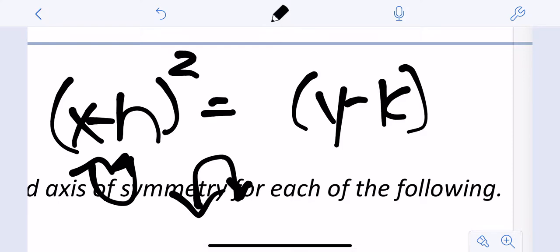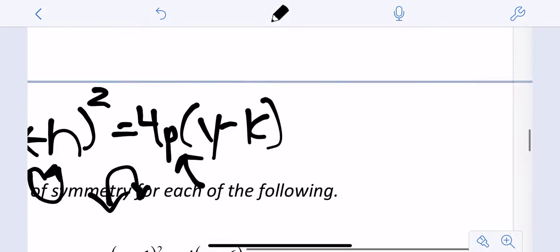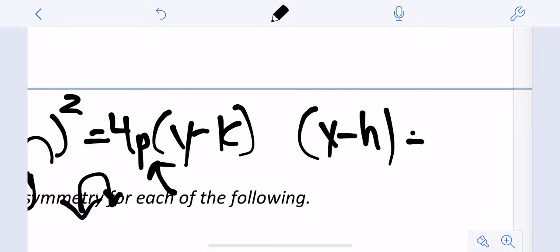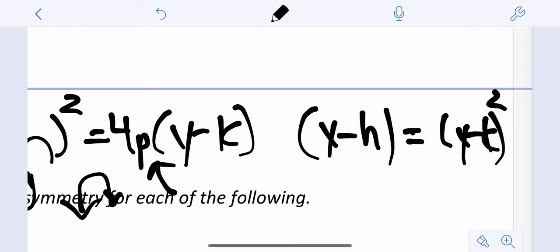Remember, x is what you've always seen squared, right? You could put x squared into your calculator and that would open up or down. And then the coefficient over here will be 4p, where p is the distance from the vertex to the focus or the vertex to the directrix. The same thing applies if you have something open left or right, except in this case, y would be squared and your 4p would be next to the x.